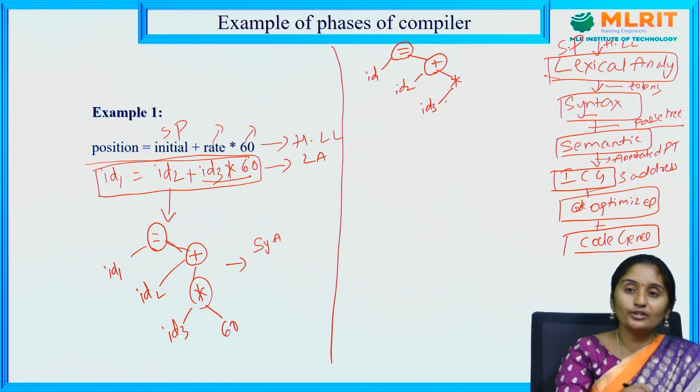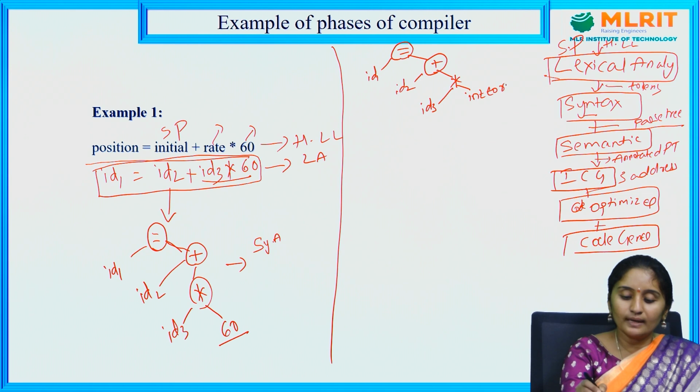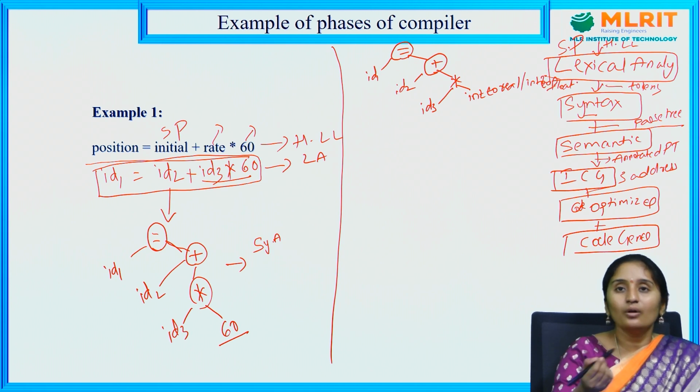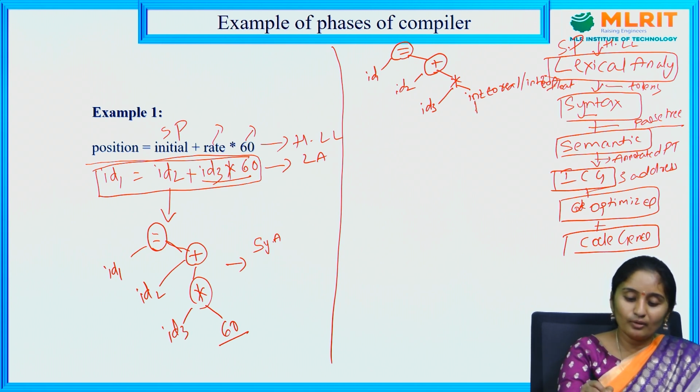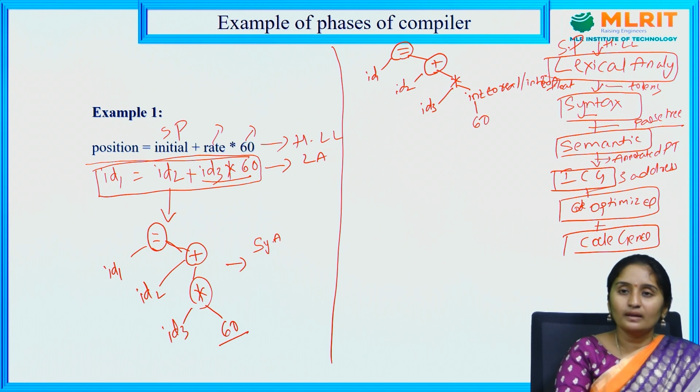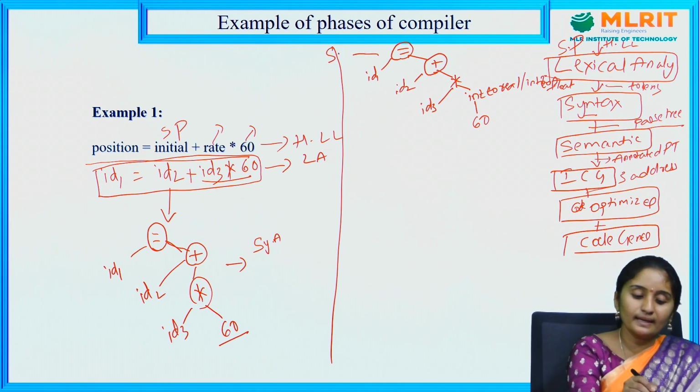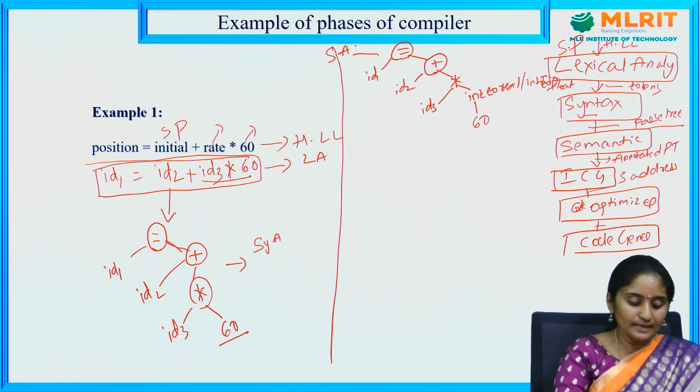We convert the integer constant into real, so we can write inttoreal or inttofloat of 60. This phase is the semantic analyzer. That was the syntax analyzer, and this is the semantic analyzer.